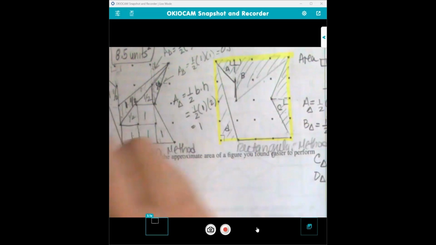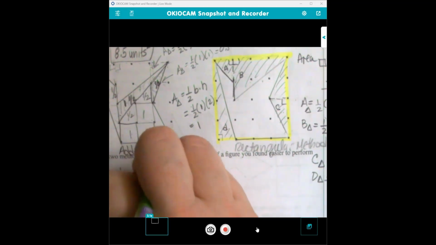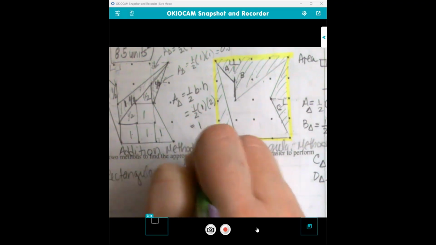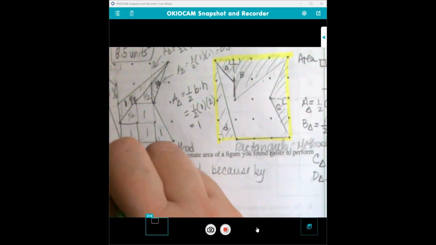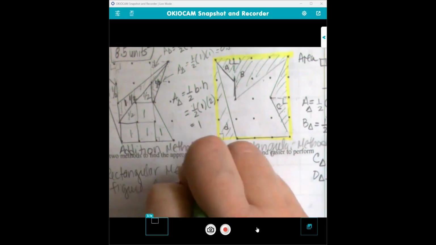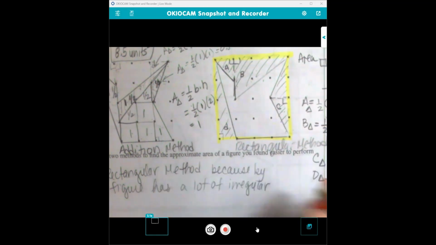For me, I would say the rectangular method, because my figure has a lot of irregular shapes.